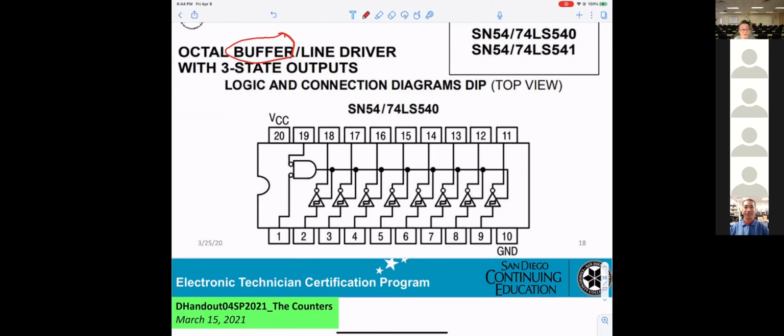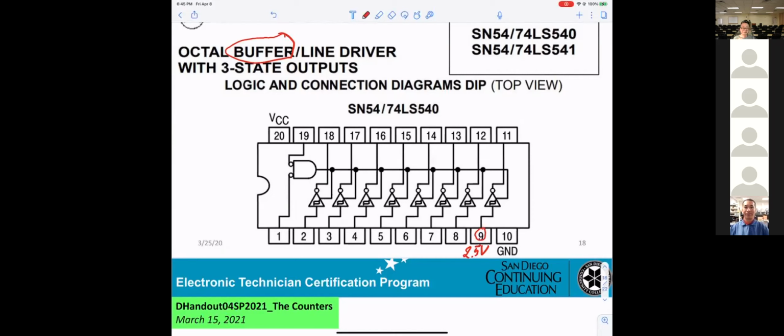Why do we need a buffer? To boost the signal. I gave you an example. For pin number 9, input, I said 2.5 volt. What logic? At pin number 9, apply 2.5 volt.